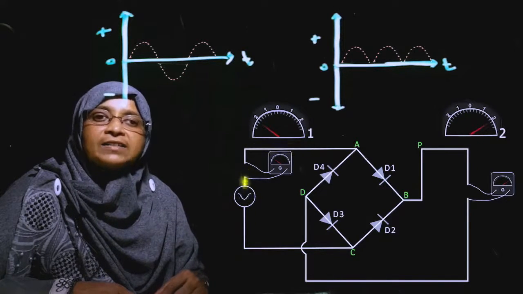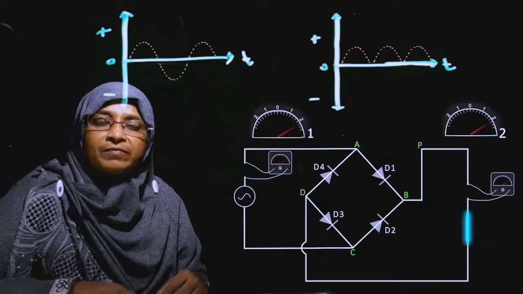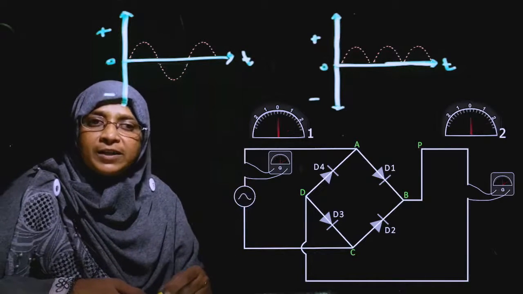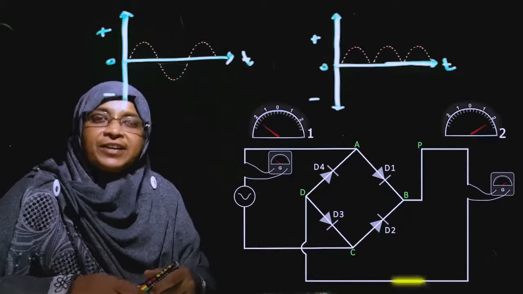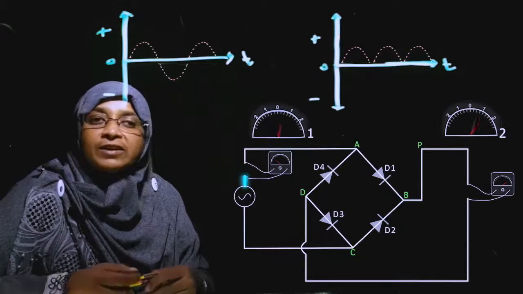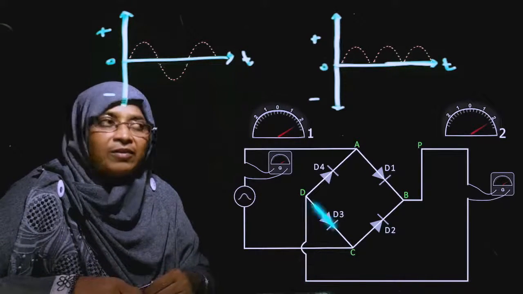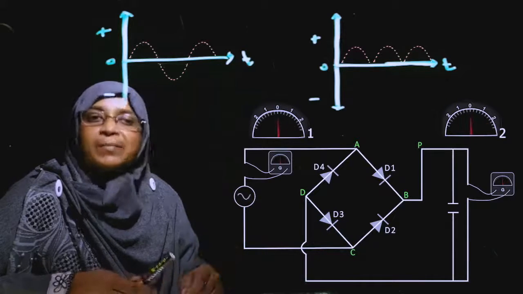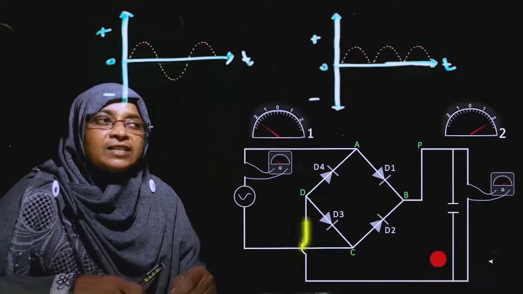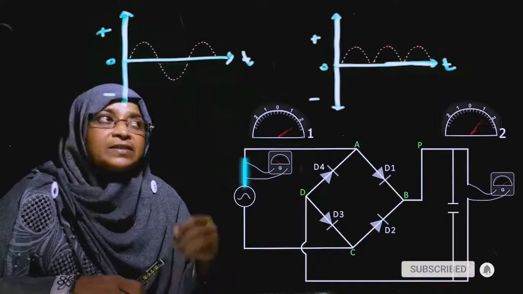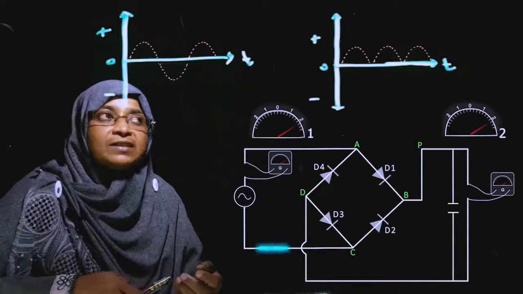Now there is another problem. We have one more problem here. The voltage variation. How to correct this voltage variation? We know. We connect the capacitor. After charging, the capacitor supplies a small current.